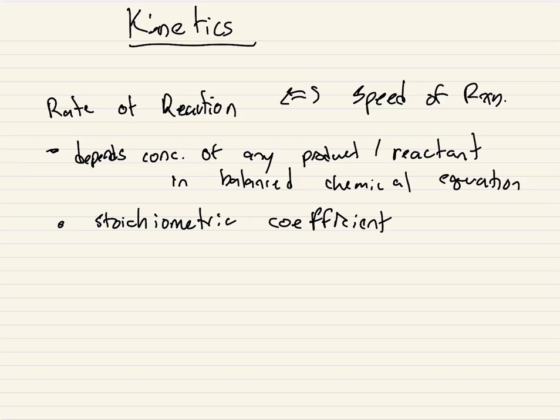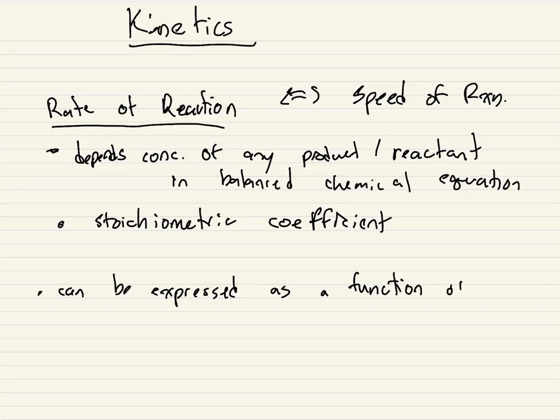And this can be expressed as a function of any reactant or product. All right, so we could write our rate of reaction in terms of any arbitrary reactant or product.